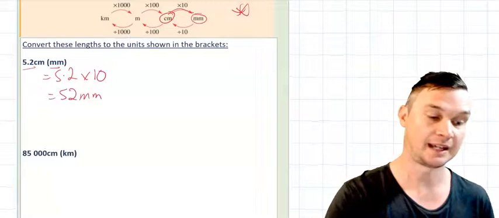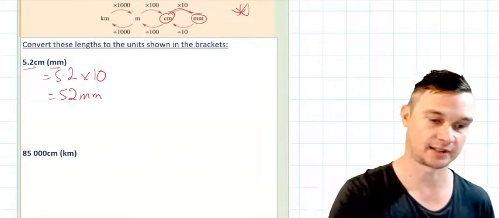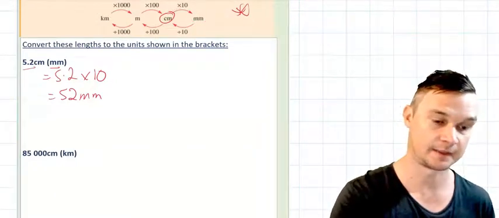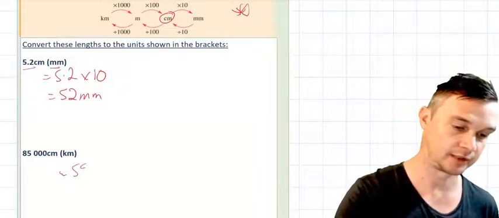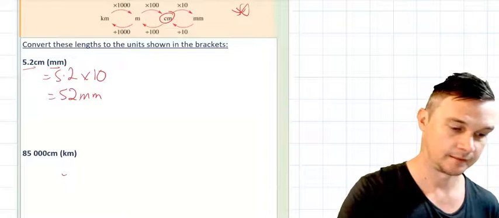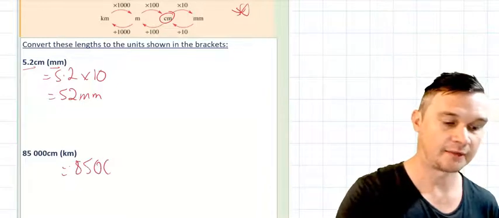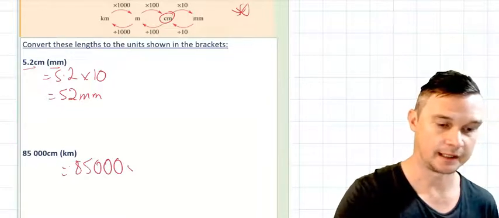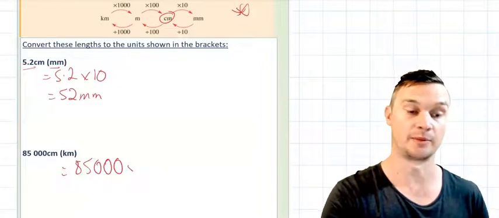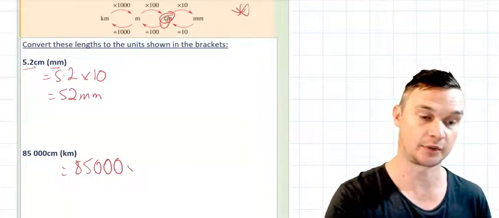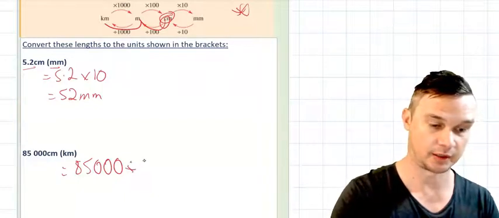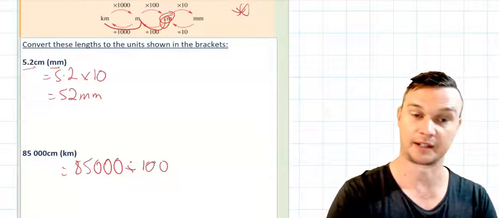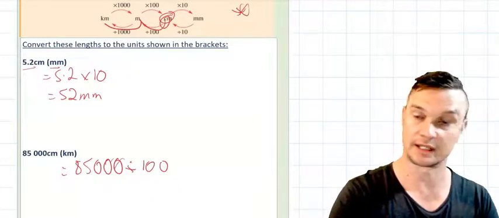Now, if I have a large number, in this case, I'm going to start here again at the centimeters. I have 85,000, sorry, terrible writing there. Okay, and I'm going to convert up to kilometers. So I'm starting at this point, and I'm moving up that way. So I'm firstly going to divide this by 100, and that effectively means just getting rid of 2 zeros.